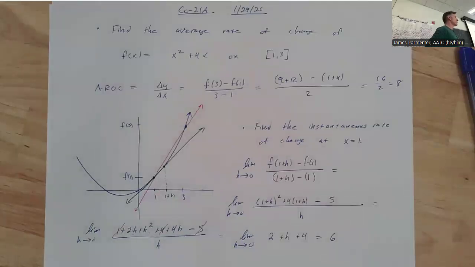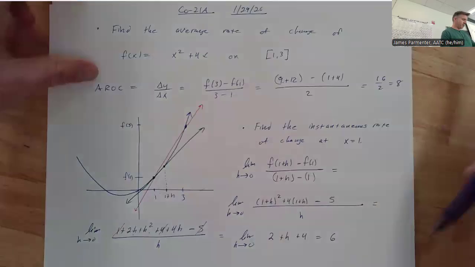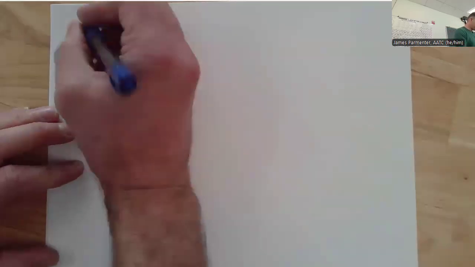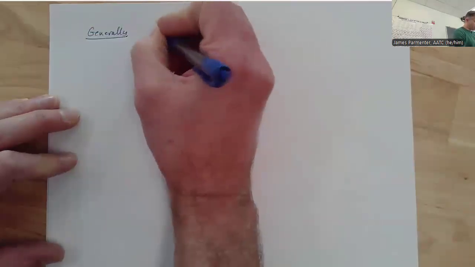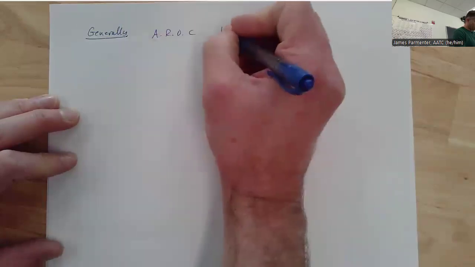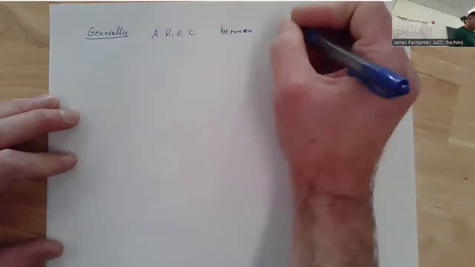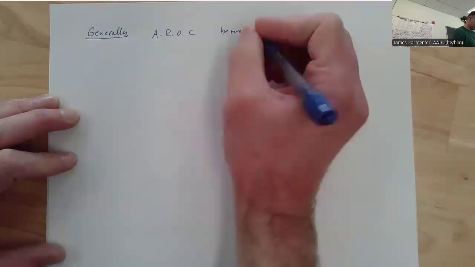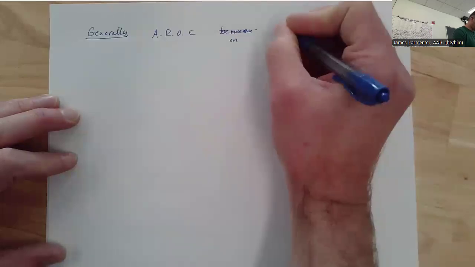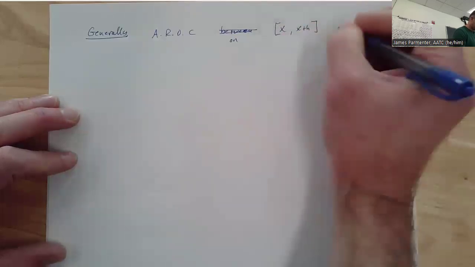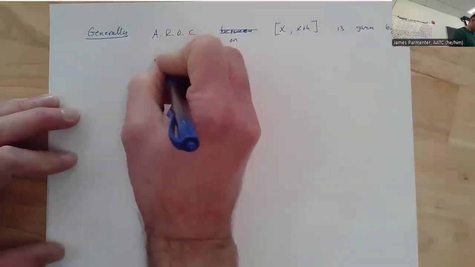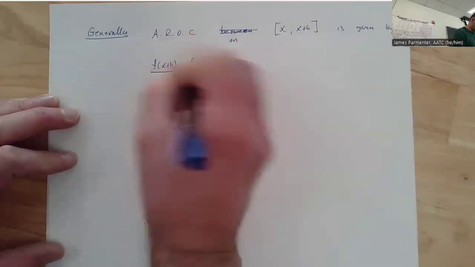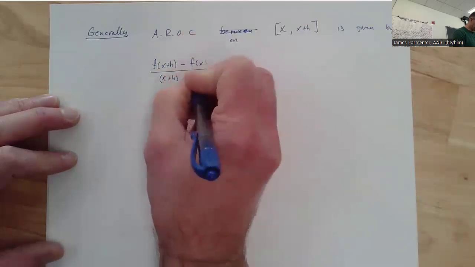I like that. Right, it's writing the limit. Technically. Right, totally, yeah. So, I would say very generally, and this totally plays into what we're about to talk about, the average rate of change on the interval from x to x plus h is given by what you just said, f of x plus h minus f of x divided by x plus h minus x.